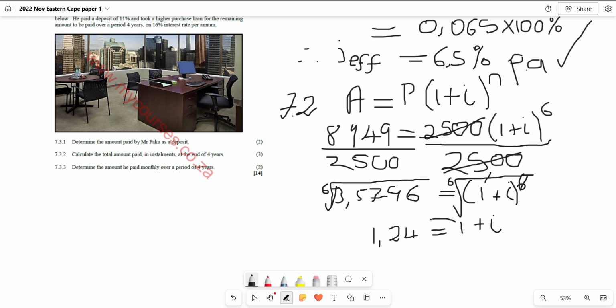Then we are going to bring the 1 to the side. We are going to have 1,24 minus 1, which will be equal to I. Then 1,24 minus 1, we are left with 0,24, which is equal to I.